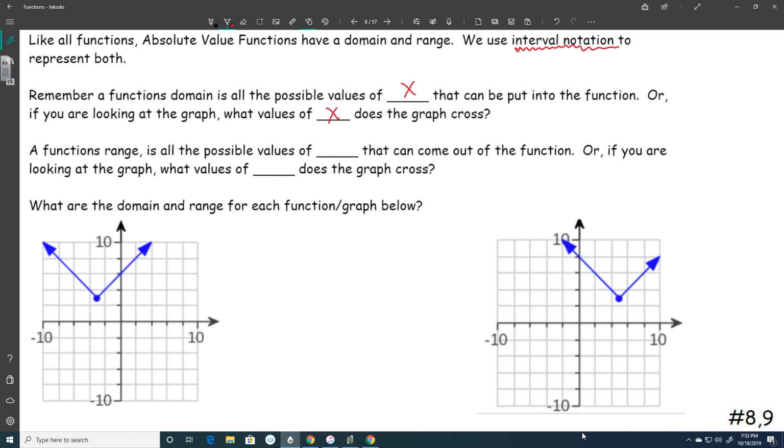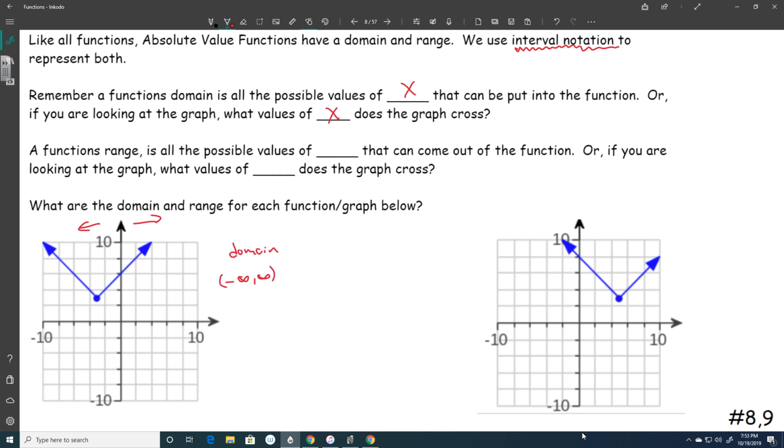So for example, this graph right here, we're looking at the left and the right. And this arrow is going to the right forever, and this one is going to the left forever. So my domain on this example goes from -infinity up to infinity. And because they're infinities, we use parentheses.